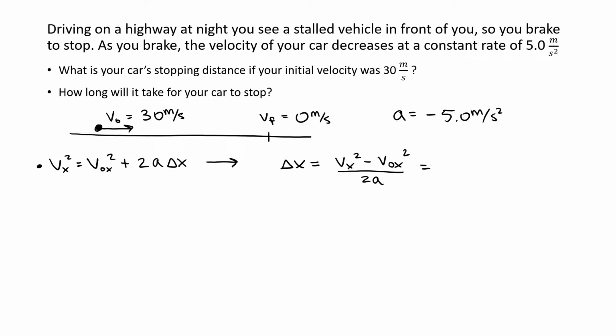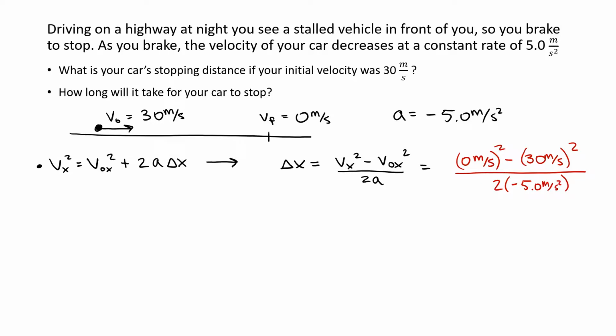Final velocity is 0. The initial velocity is 30. And these are both squared. All of that over 2 times the acceleration. Okay.